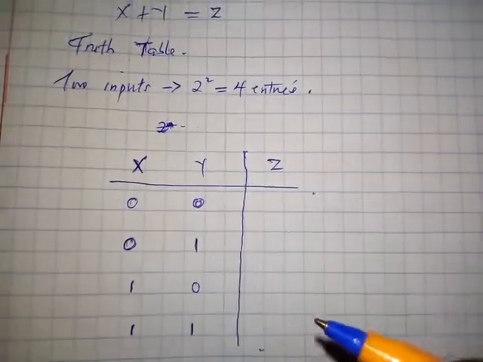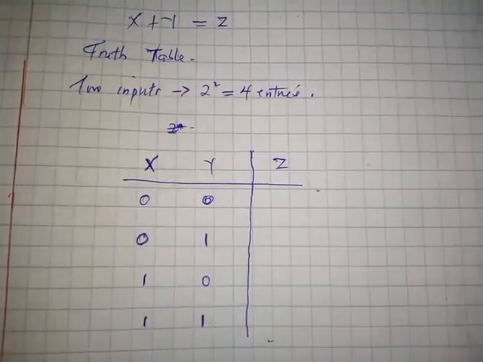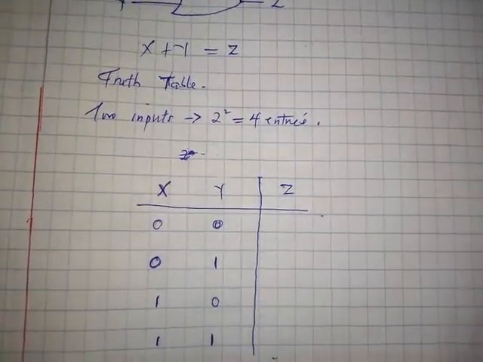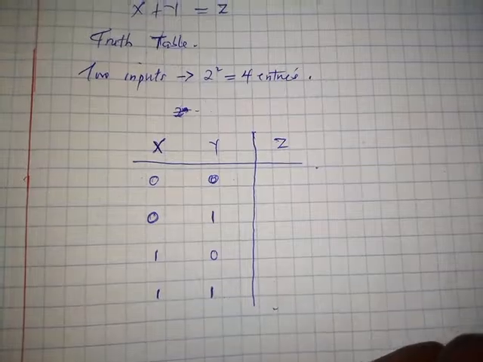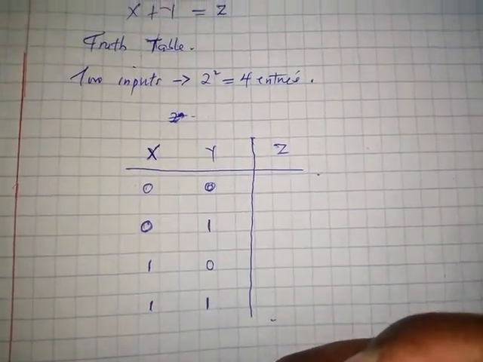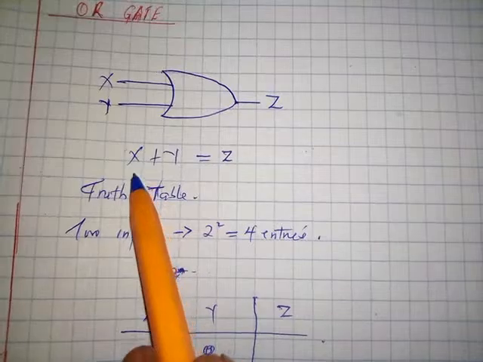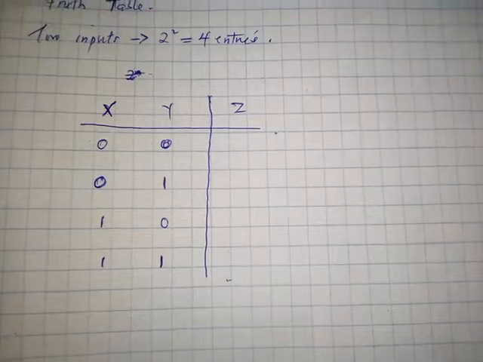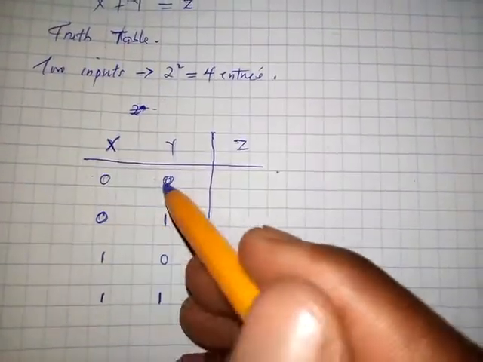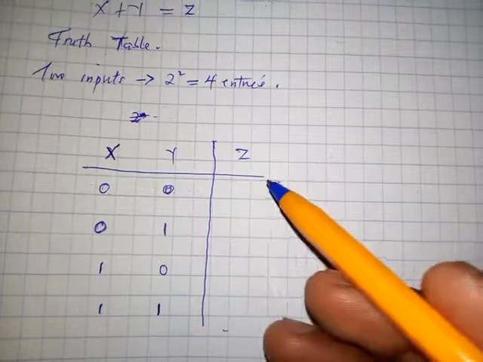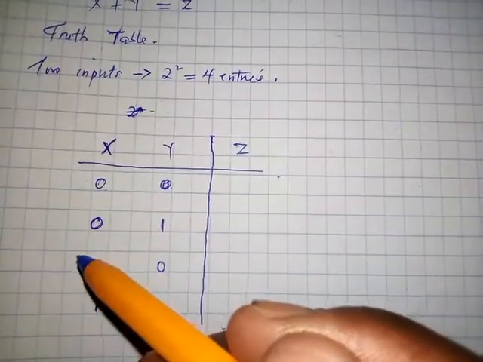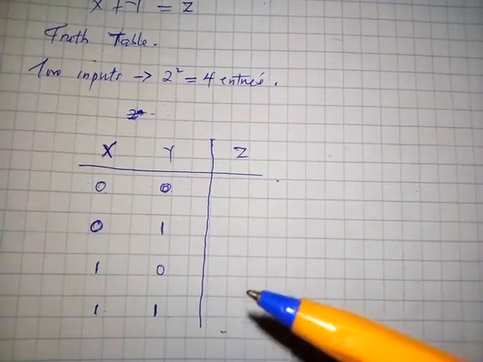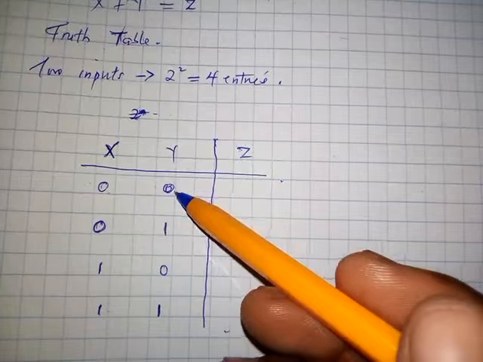Are we there? I have said that the output of an OR gate is the binary sum of the inputs, and that's why I have written X plus Y is equal to Z. So we shall add 0 0 to get Z, 0 1 to get Z, 1 0 to get Z, then 1 1 to get Z. When X is 0, Y is 0, what is Z?